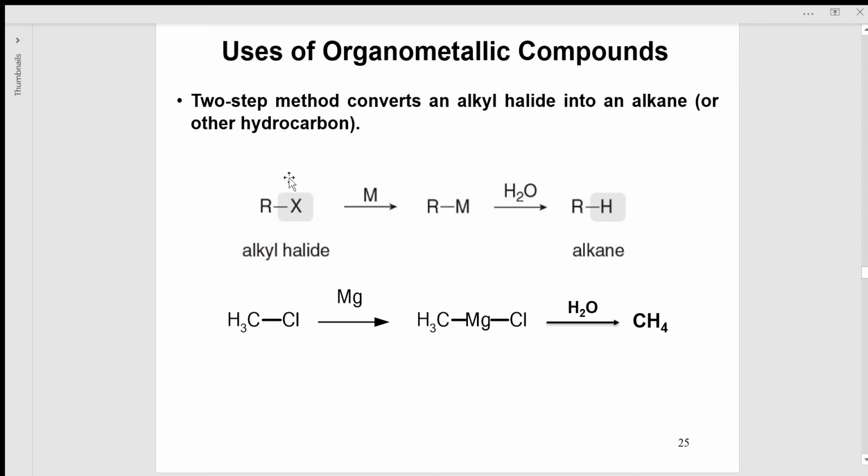Well, applications, I think this is a possible application. We can use organometallic molecules to prepare alkanes. Basically, organometallic molecule reacts with water, so we prepare alkanes. Again, it is one possible application, but I don't think anybody uses this reaction to prepare alkanes because of this reagent. They are very expensive. They are very dangerous.